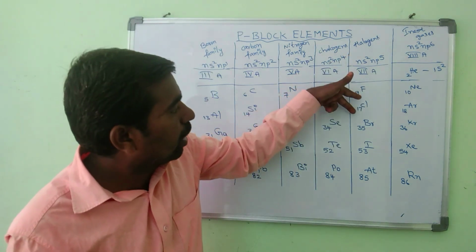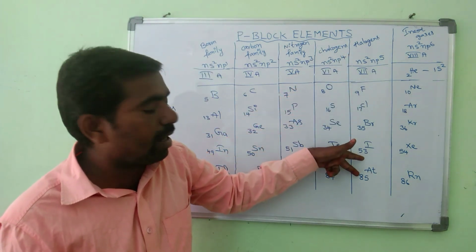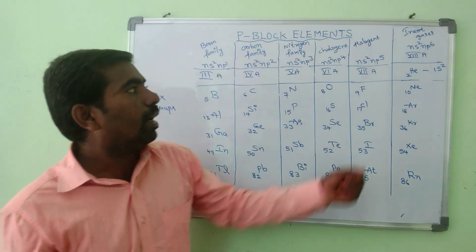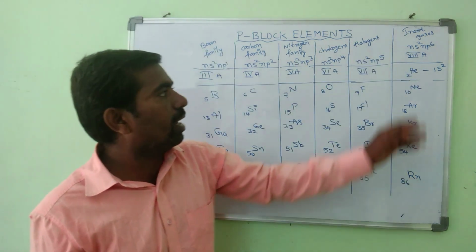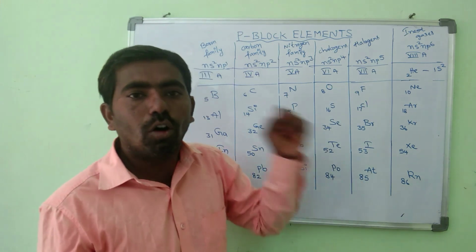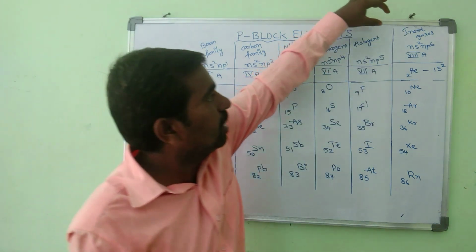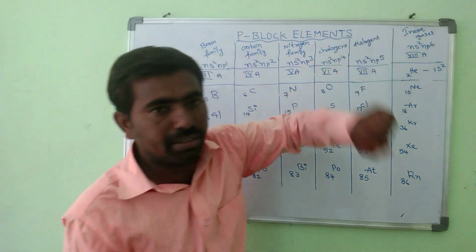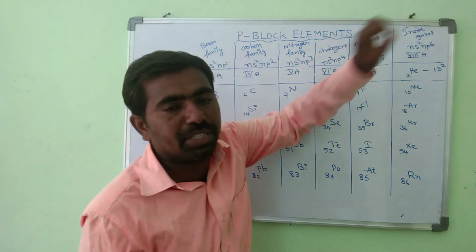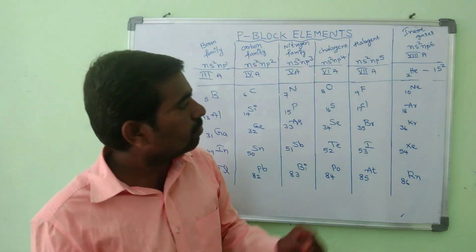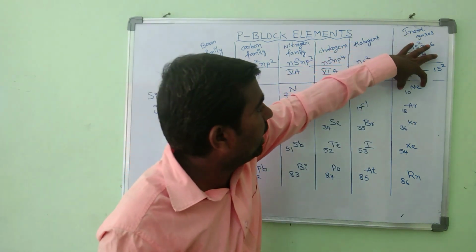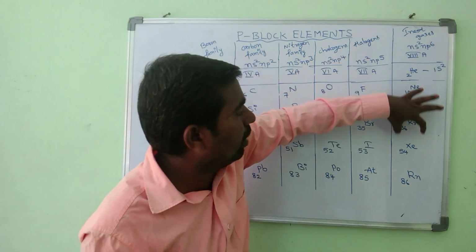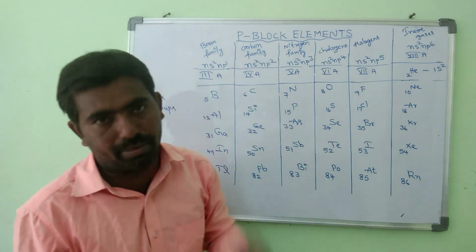Elements: fluorine, chlorine, bromine, iodine and astatine. The last group in the P block is 8th A or 0 group, generally called inert gases. Elements: helium, which has a specific configuration 1s2, and the remaining elements neon, argon, krypton, xenon and radon.